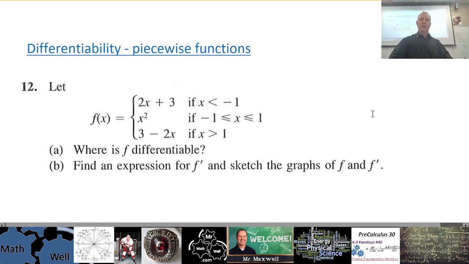So this one is asking you, where is f differentiable? What you're going to look for first is continuity. And then if you have a square root or an absolute value or something like that, that may yield some sort of corner or cusp, and then you're going to have a problem.